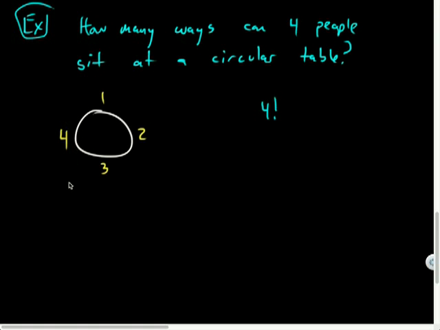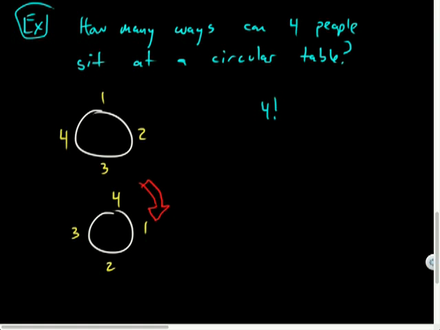However, consider the fact that this arrangement is really also the same as this. How were those different? It's just a rotation, 90 degrees to the right, so I would consider that the same.